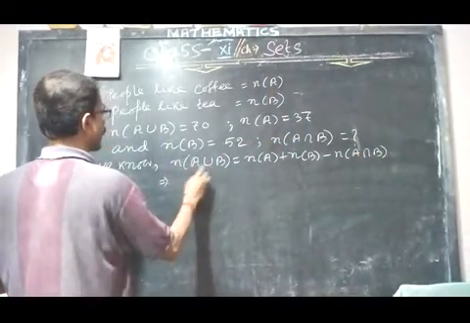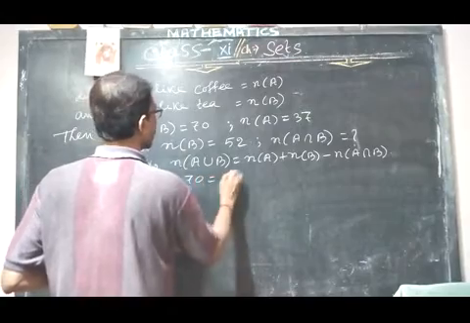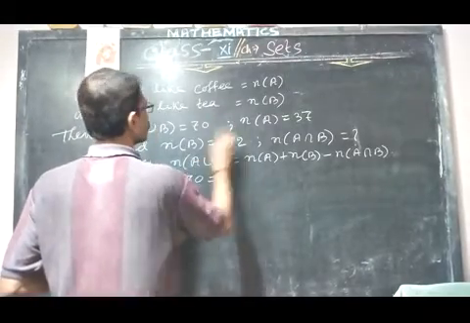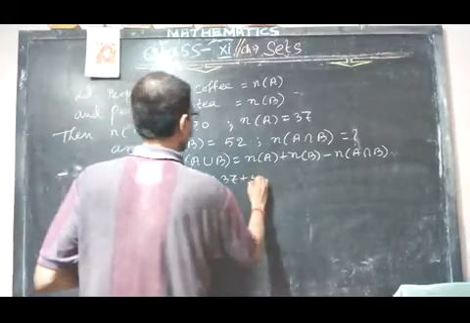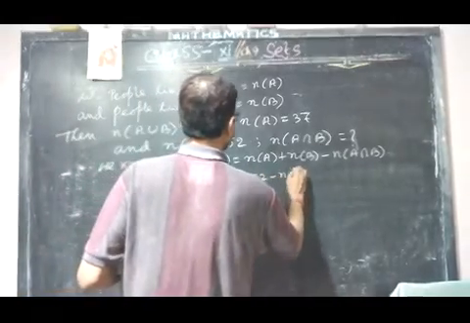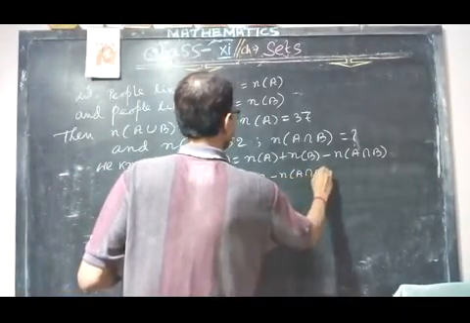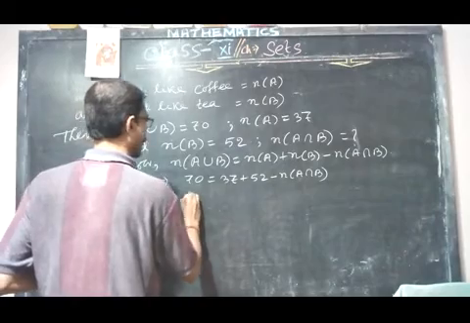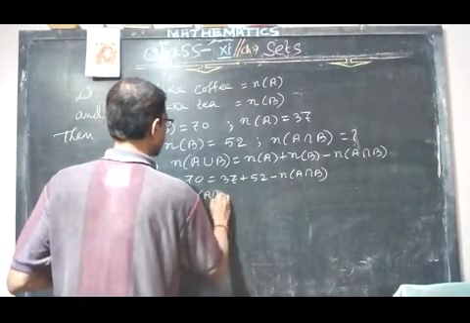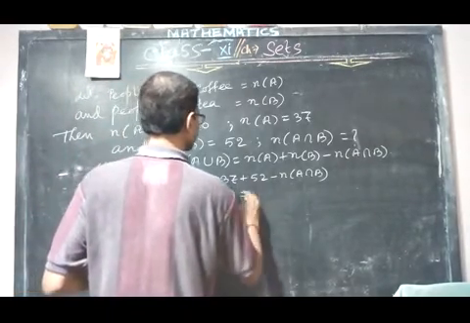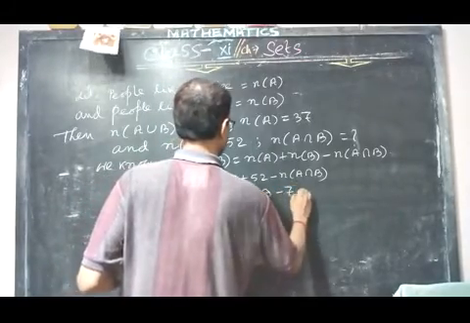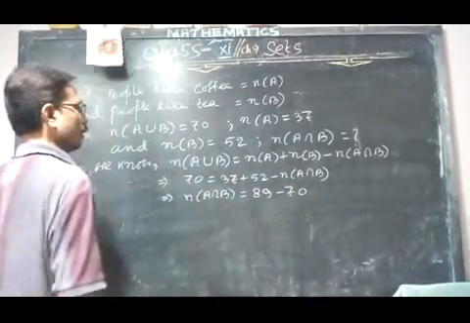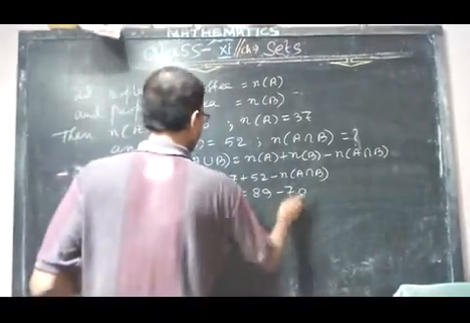Here n(A union B) equals 70, n(A) equals 37, n(B) equals 52, minus n(A intersection B). That means n(A intersection B) equals 89 minus 70.